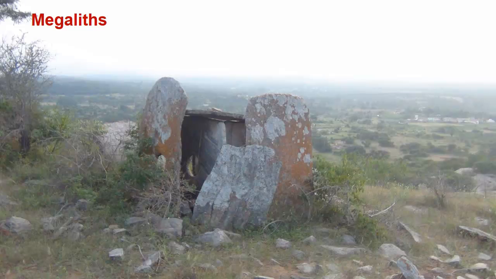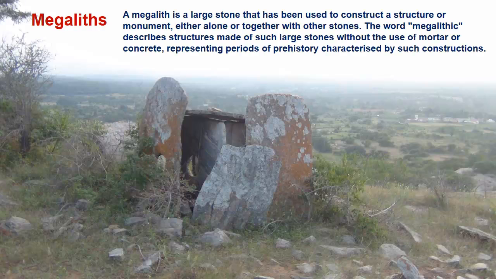Understand what are megaliths. Megalith, microlith, such names will keep coming. Megaliths means large stones that are generally used to construct a structure or monument. Generally they form naturally like this. From the picture you can make out, where living is easy. So these are large stones.